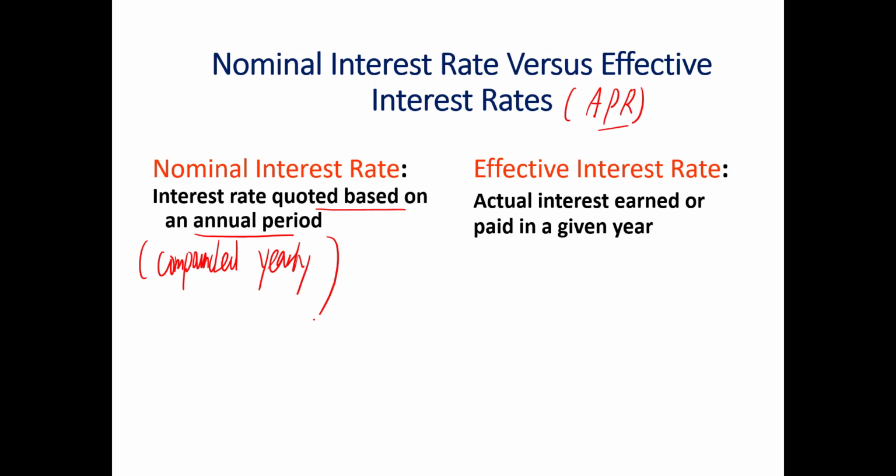That's why it's the annual interest rate. Another word for the nominal interest rate is annual interest rate. And an effective interest rate is the actual interest earned or paid in a given year, taking into consideration the compounding period.